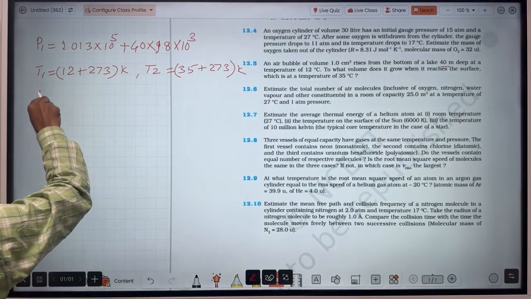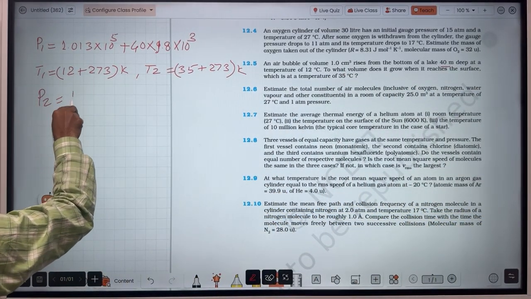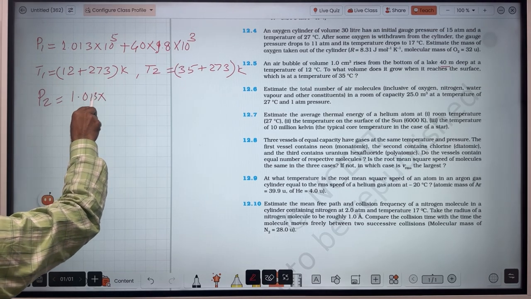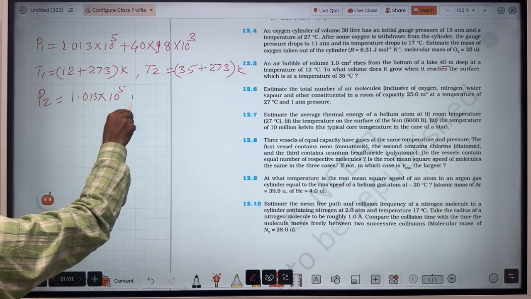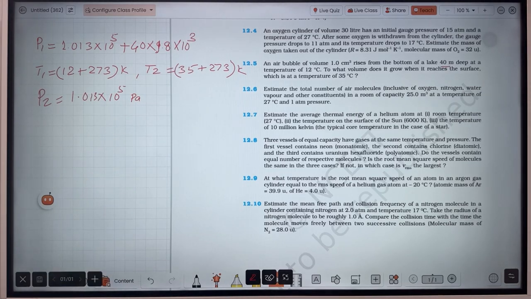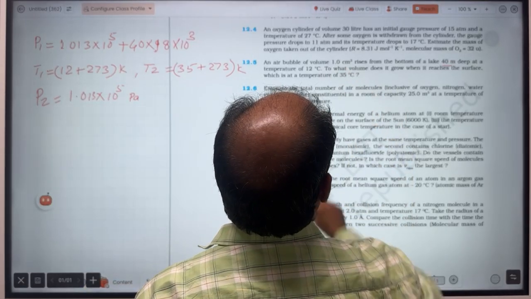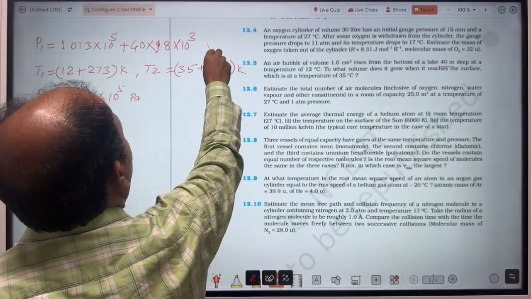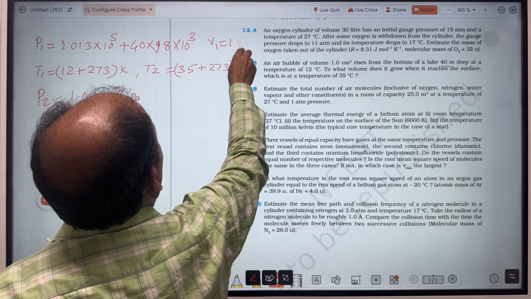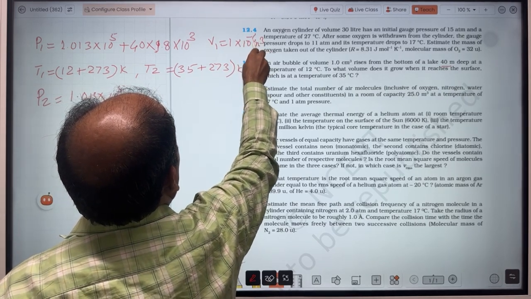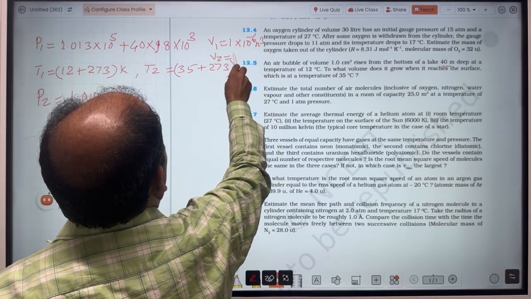So obviously it comes on the surface. So P2 will be just 1 atm, into 10 to the power 5 Pascal. Okay, so here our question is, initial volume is given as 1 centimeter cube. V1 is given as 1 into 10 to the power minus 6 meter cube, and V2 is to be found.